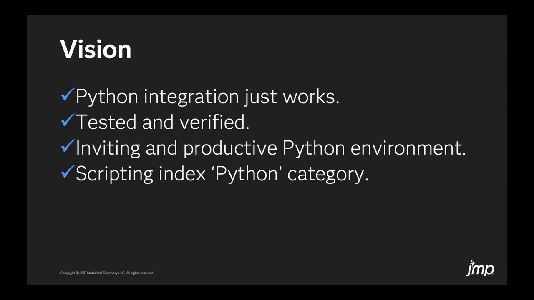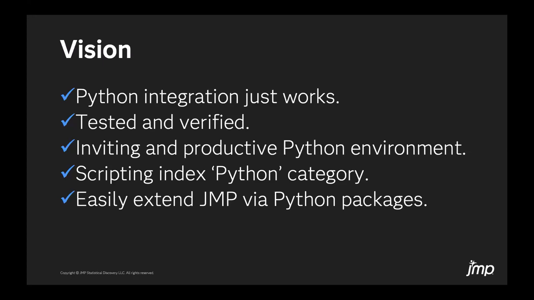You can now create data tables. You can access the data table live from Python, and for all of the functionality that we've added with the API from Python to JMP, we've now created a separate Python category in the scripting index that lays out examples and documents all of the capabilities that we've now provided from Python.